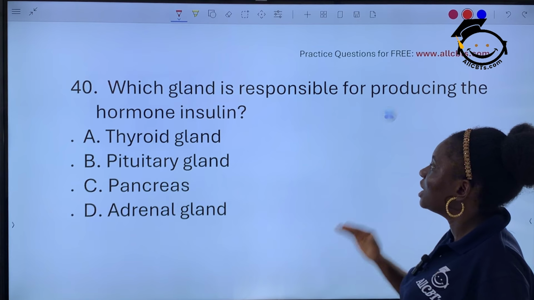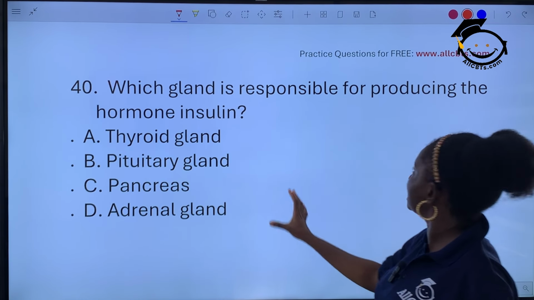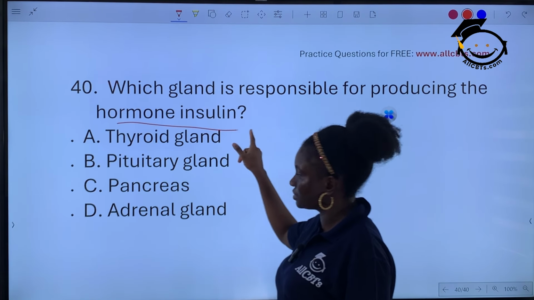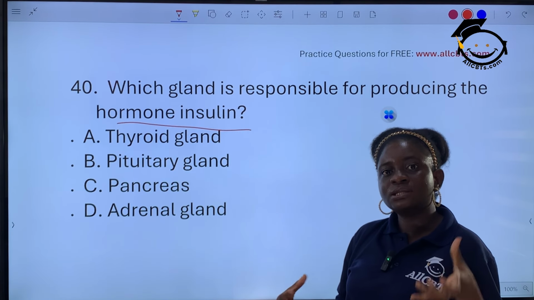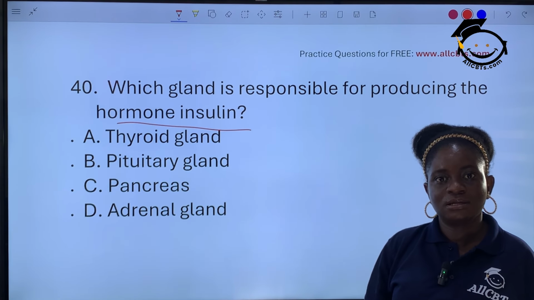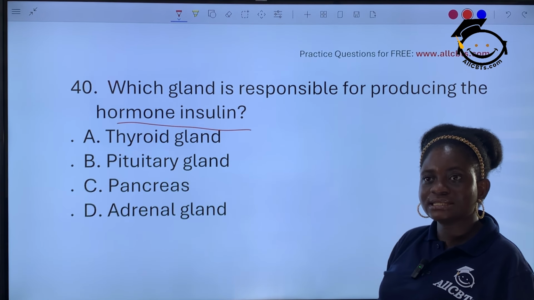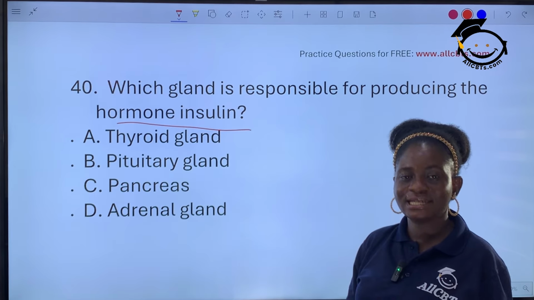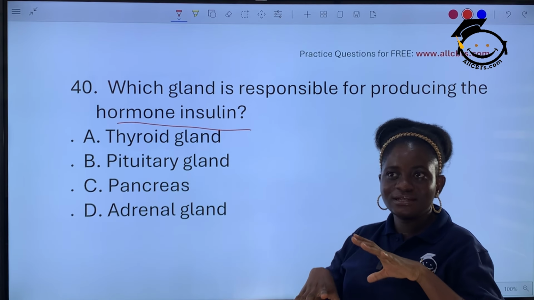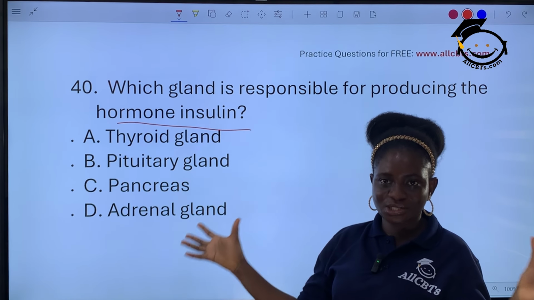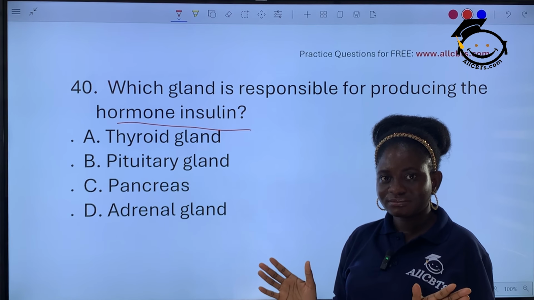Question 40. Which gland is responsible for producing the hormone insulin? What is this hormone insulin? Insulin is found in the pancreas, and this particular hormone helps you to break down complex sugar into simpler ones.